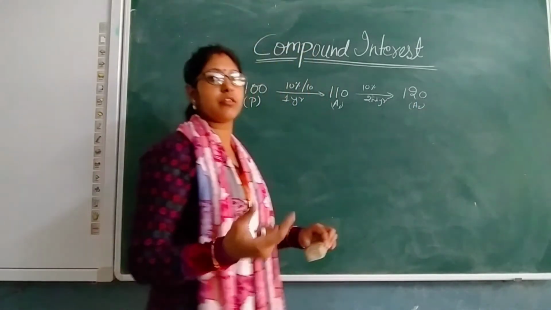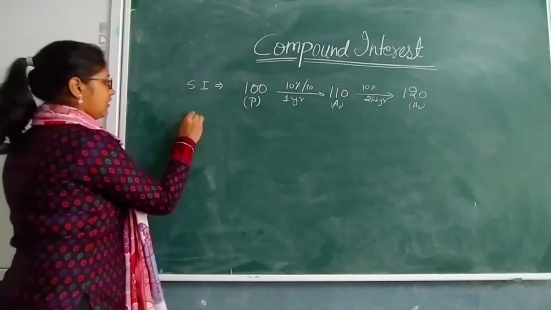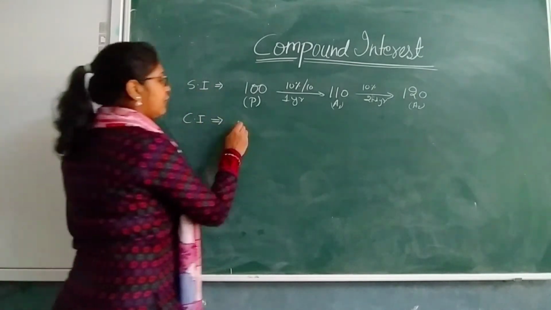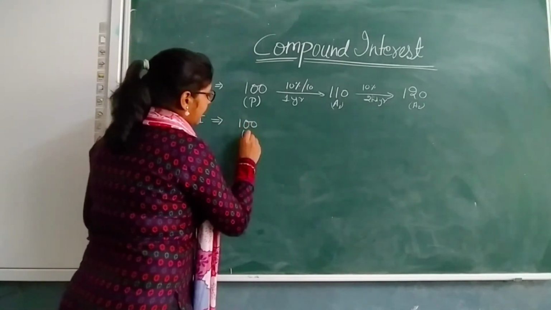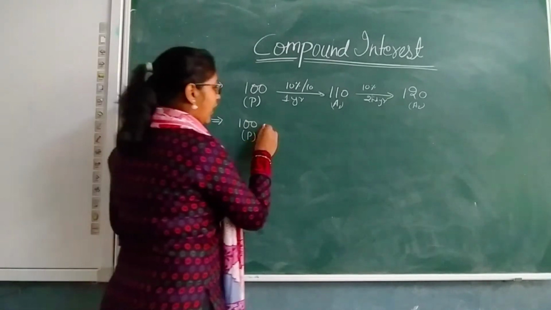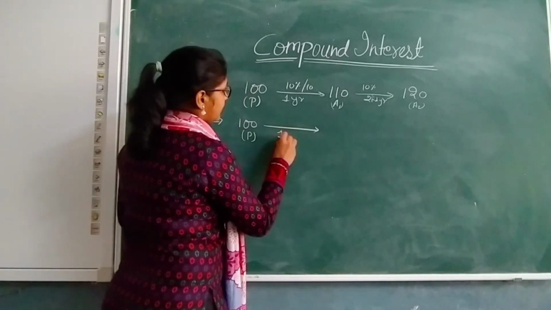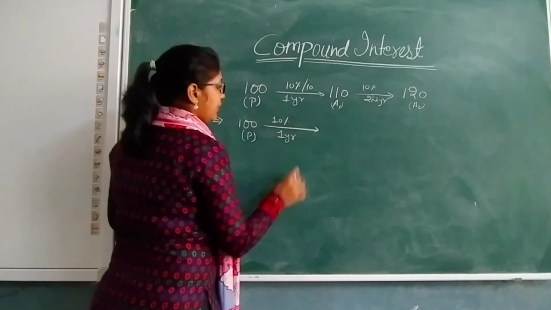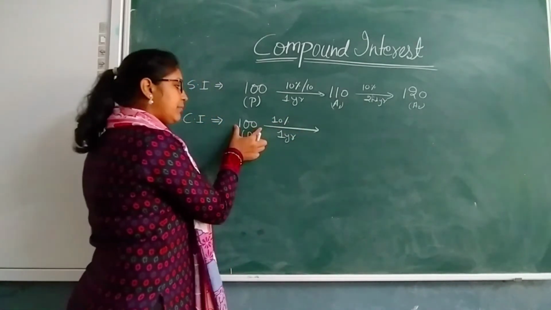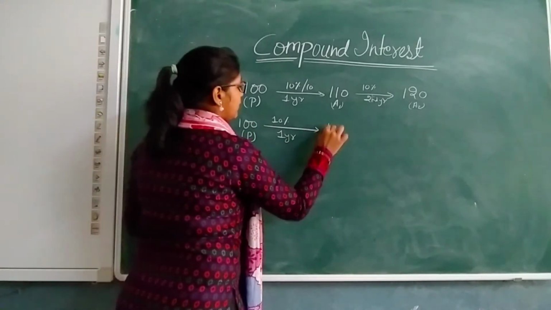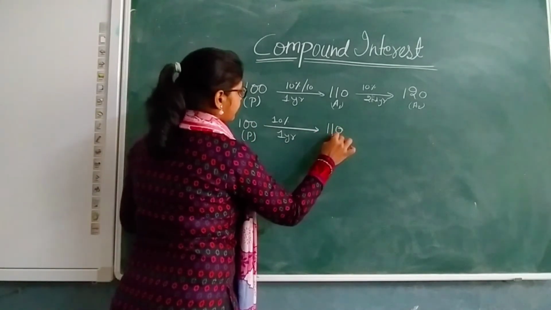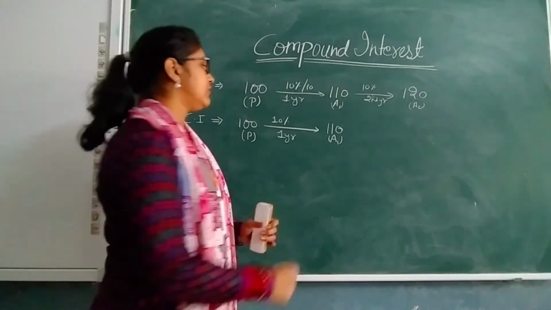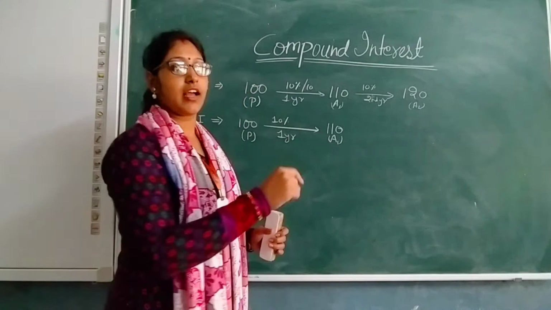But in the case of compound interest, which is shortly represented CI, we lend 100 rupees as our principal. Then after completion of 1 year at the rate 10%, we have to give 10% of this 100, so the amount is 110. And for the second year, this amount behaves as the principal.